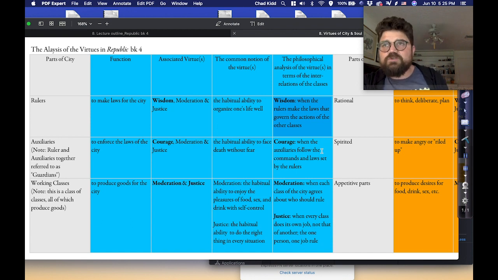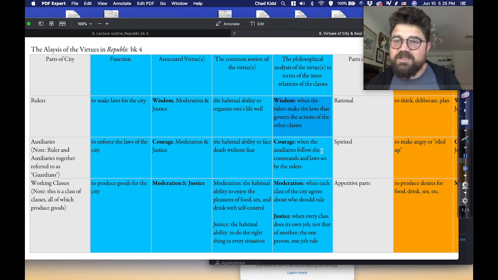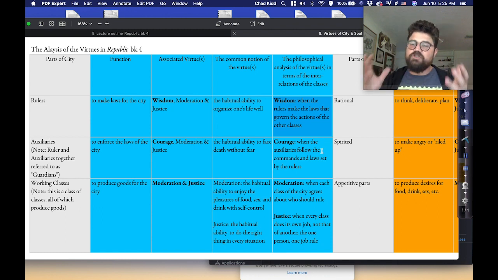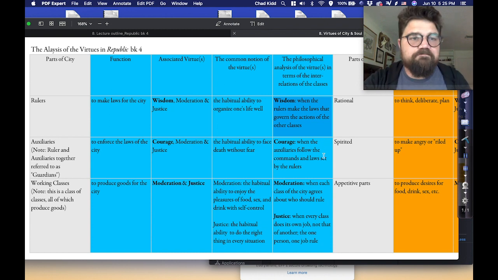So it's when the rulers make good laws for the other classes of the city that is wisdom, okay? So wisdom really is just the wise actions of the rulers in legislating for the city. That's what the wisdom of the city is. That's the structure in the city that enables it as a city to be wise.